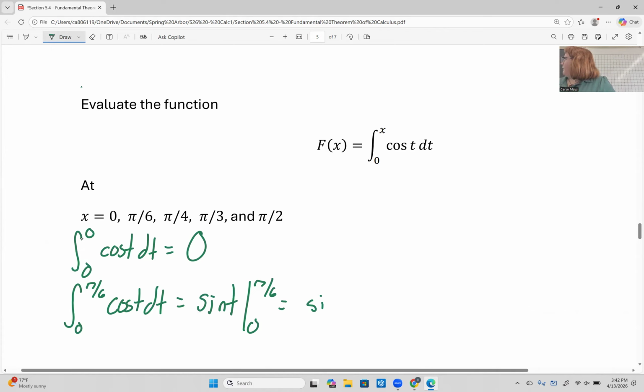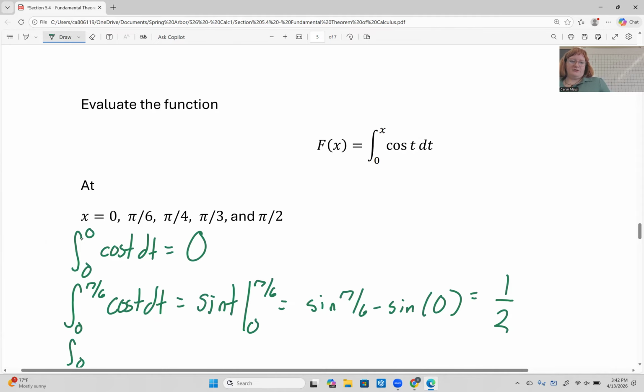Plug in pi over 6. Sine of 0. What is sine of 0? 0. What is sine of pi over 6? That one's the 1 over 2.